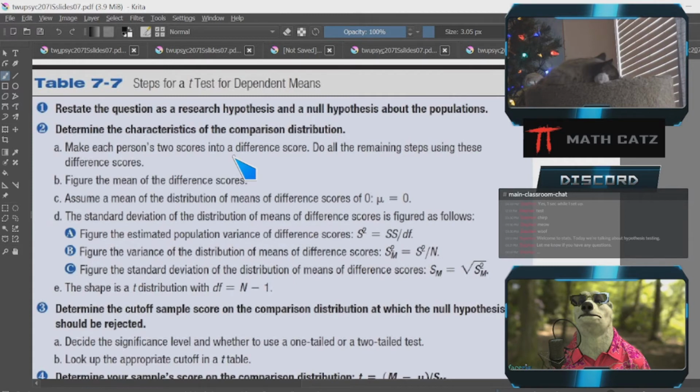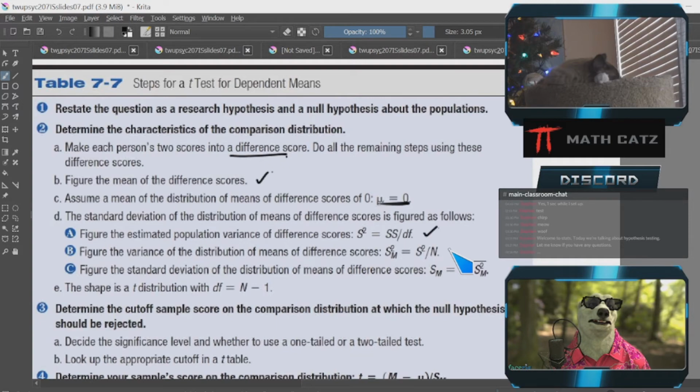We get the mean. We look at the distribution of means. And under the null hypothesis, the population 2 is going to have a 0 mean. Then we have to estimate the variance of that distribution because it wasn't given originally.